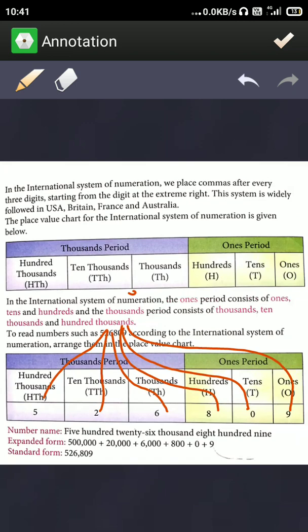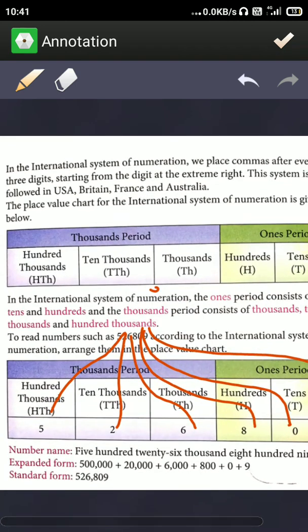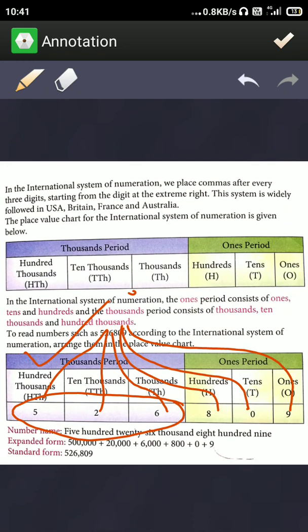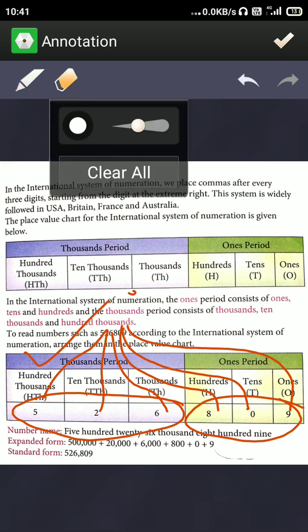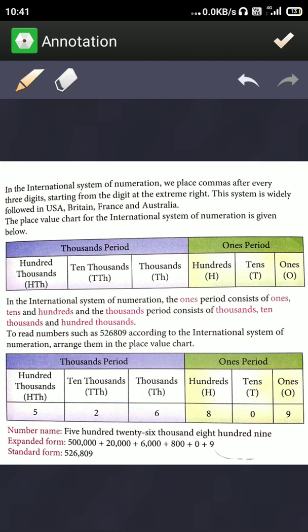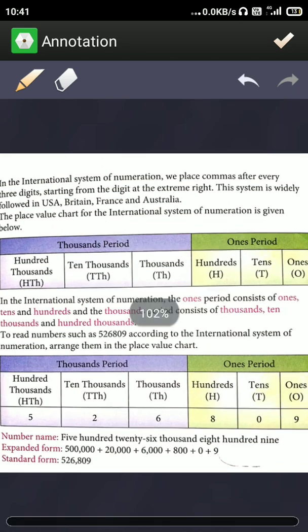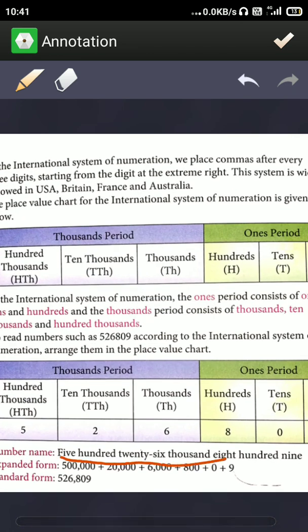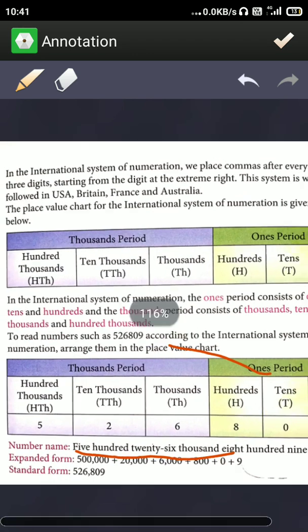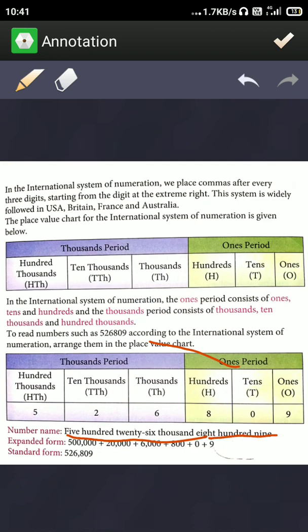So can you read it? It is 526,000. Then it is 809. So it is 526,809.